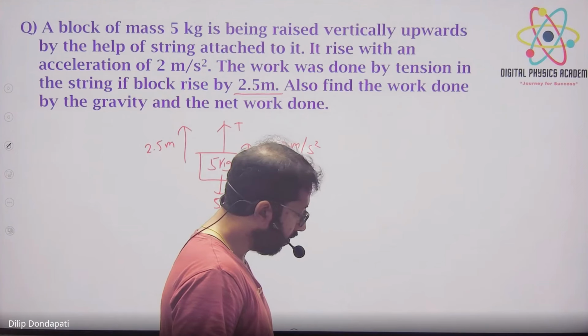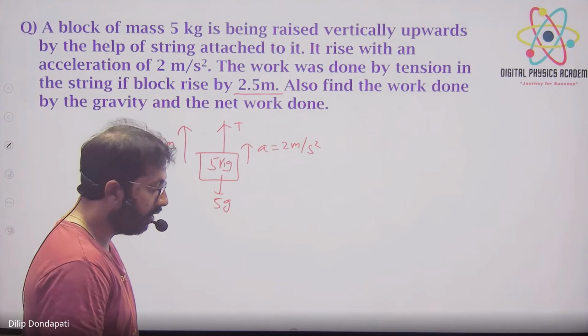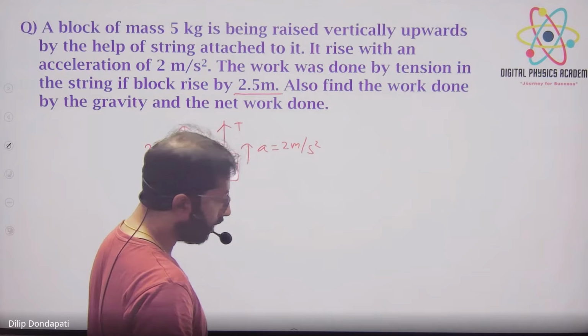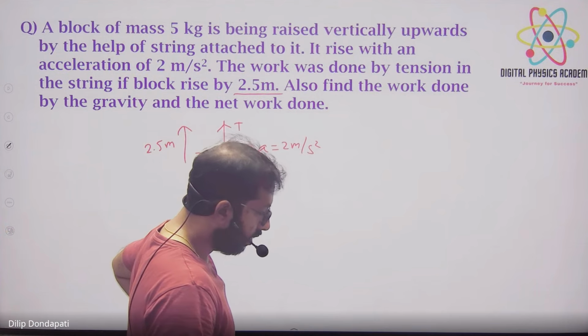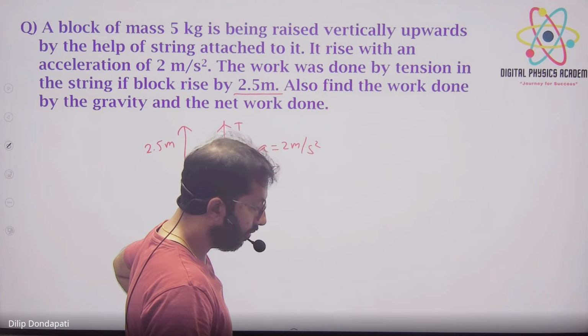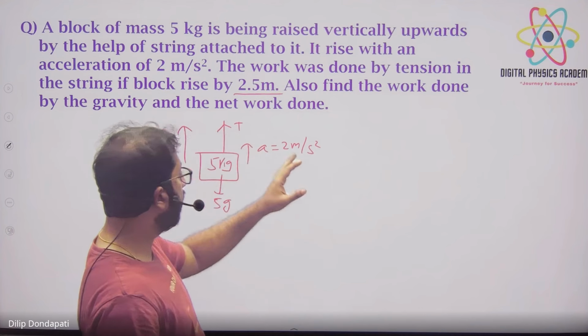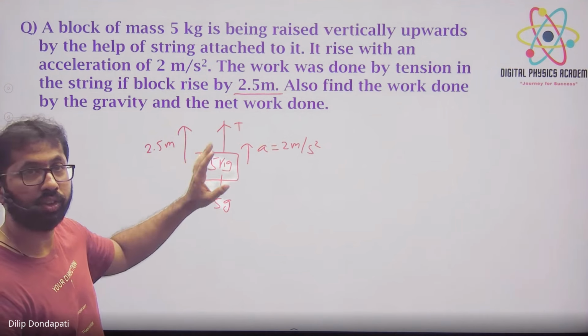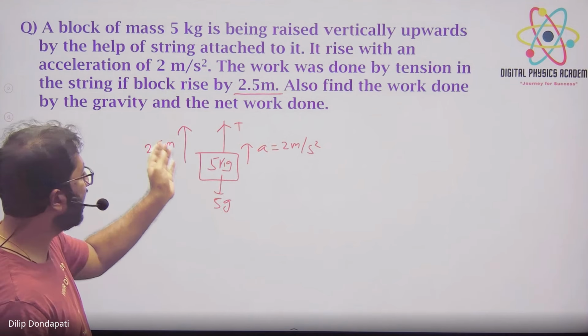What is the first one, the work done? 175. I got 175 as work done by tension. So work done by gravity is 125. Yes, 125, that is correct only. The work done by tension I got as 150. 150 is right. See, apply net force equal to ma, find the tension, then multiply by displacement.